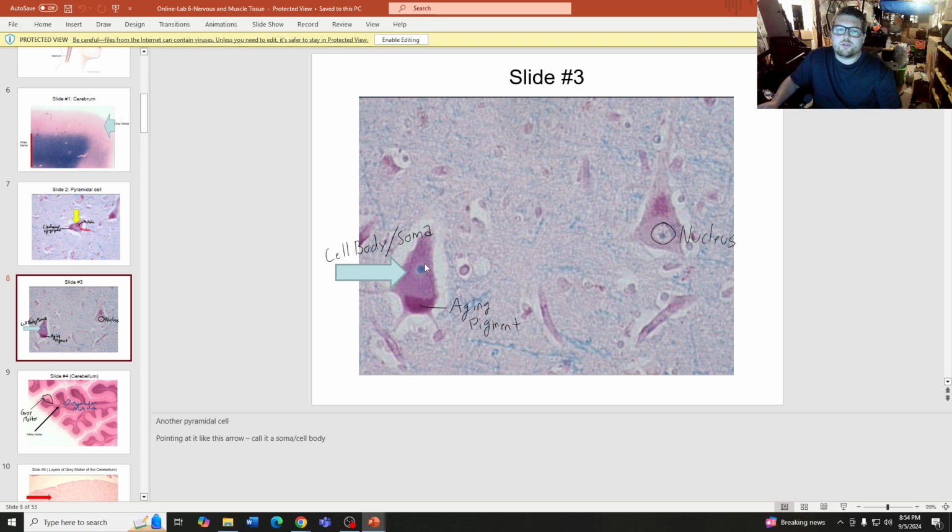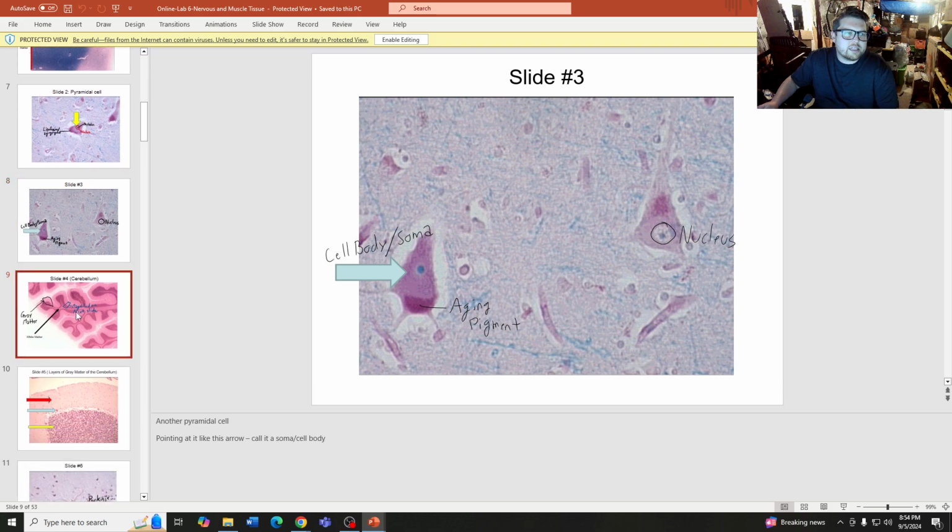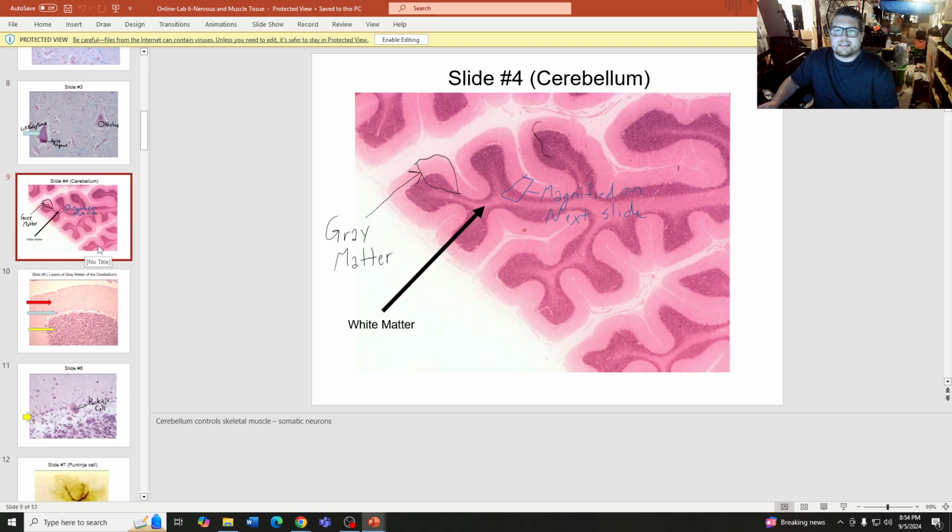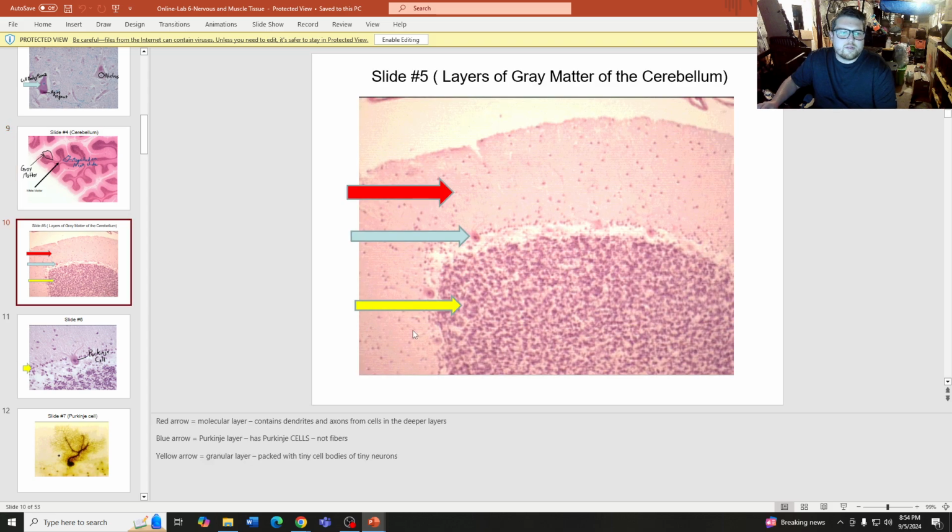But at the same time, you can also see the nucleus on each one, and then the little blue structure deeper is the nucleolus. So you're going to have multiple other structures on a lot of these that maybe aren't specifically labeled. So here we have these different arrows. We have a molecular layer, a Purkinje layer, and the granular layer.